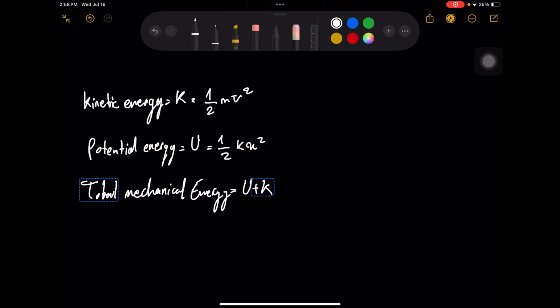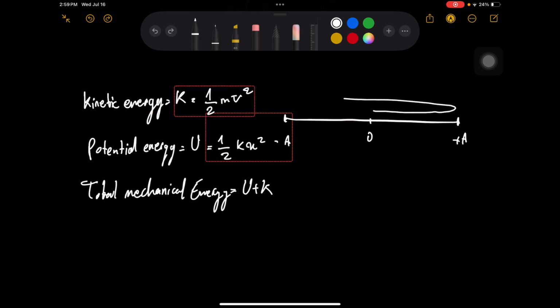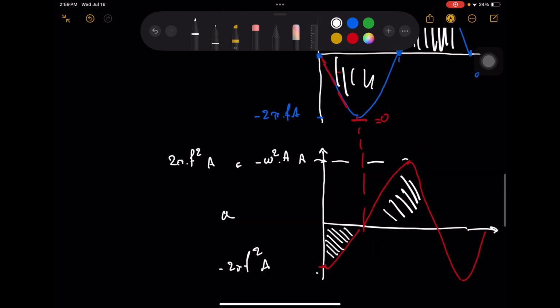At maximum displacement, at a point like this, 0 is our equilibrium position, this is positive amplitude, this is negative amplitude. At maximum position, at our amplitude, since we turn over like this, this is the slope, as we just said.